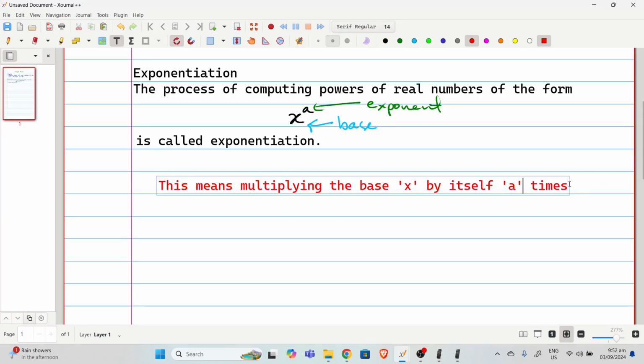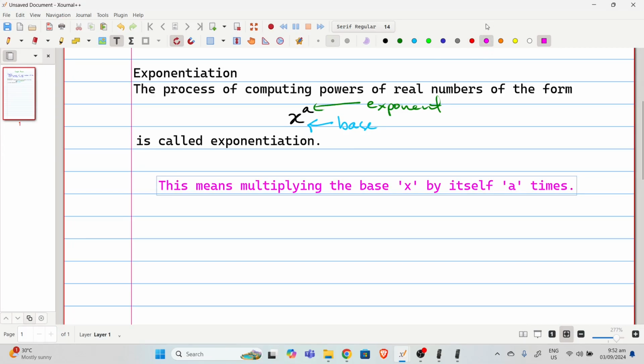That's what exponentiation is. Now, your exponent, which is a, can be of any form. It can be in the form of a fraction or a decimal. But when you have it in the form of a fraction, it represents both a power and a root. What do I mean by that?